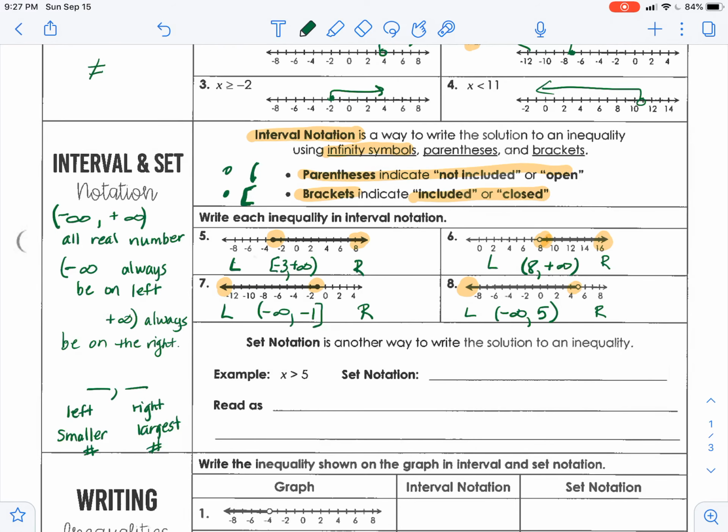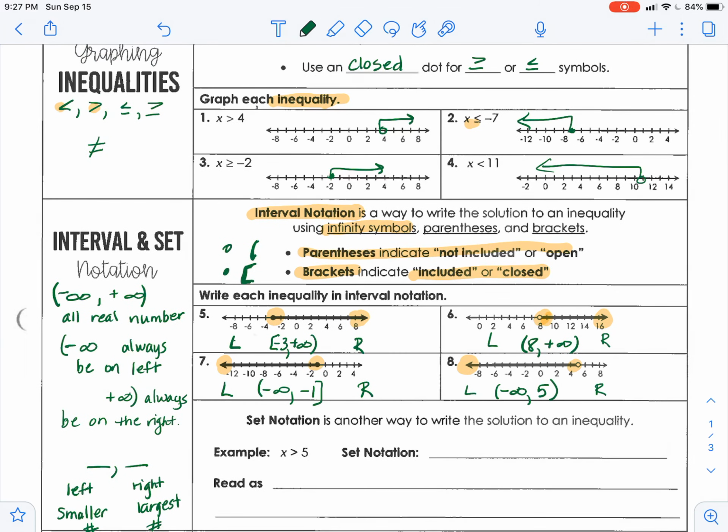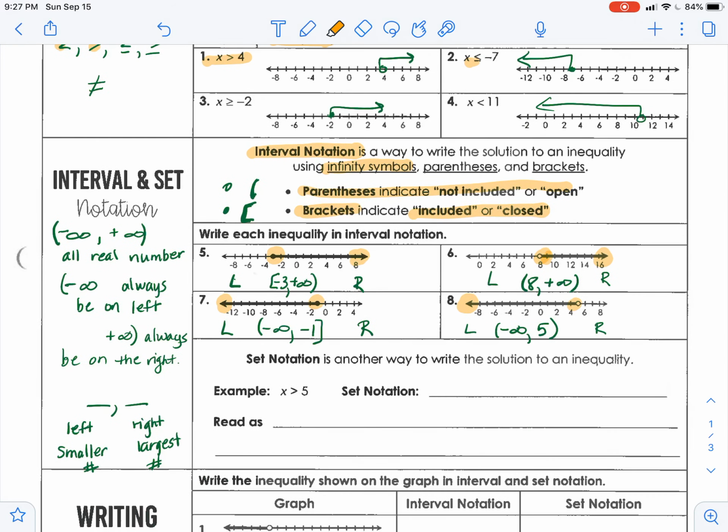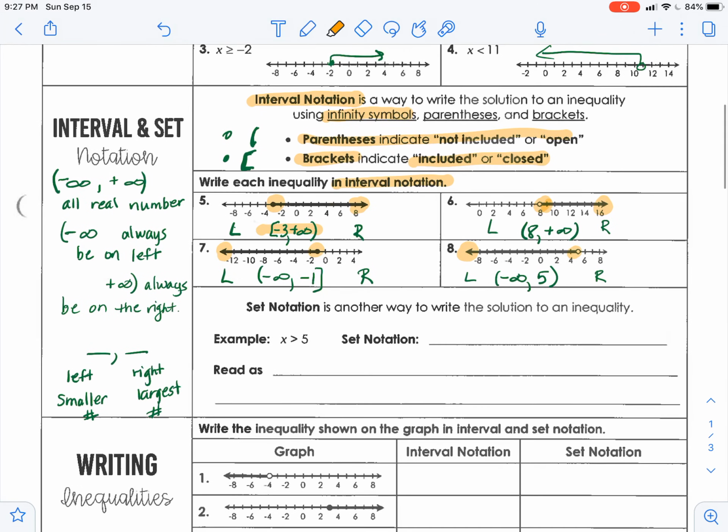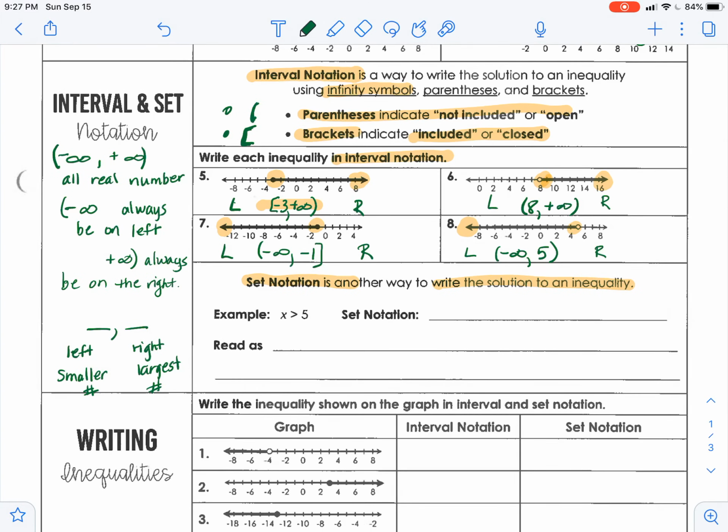Now, that's interval notation. So we've got the inequality notation, which looks like this. We've got the interval notation, which looks like this. And now we're going to talk about what's called set notation. Set notation is really just another way to write inequalities, and it just adds one extra step to it. What it adds is out in the front, we're going to write the braces, and x, and then we put a line.